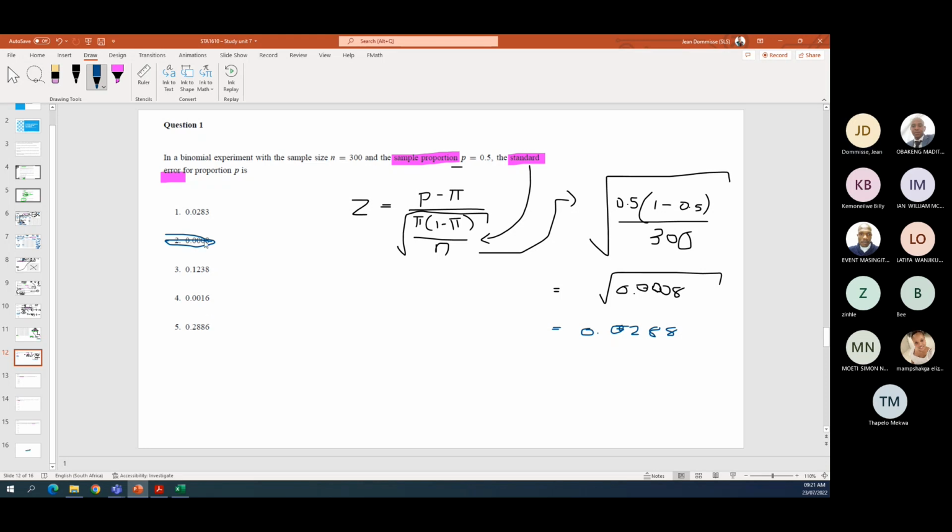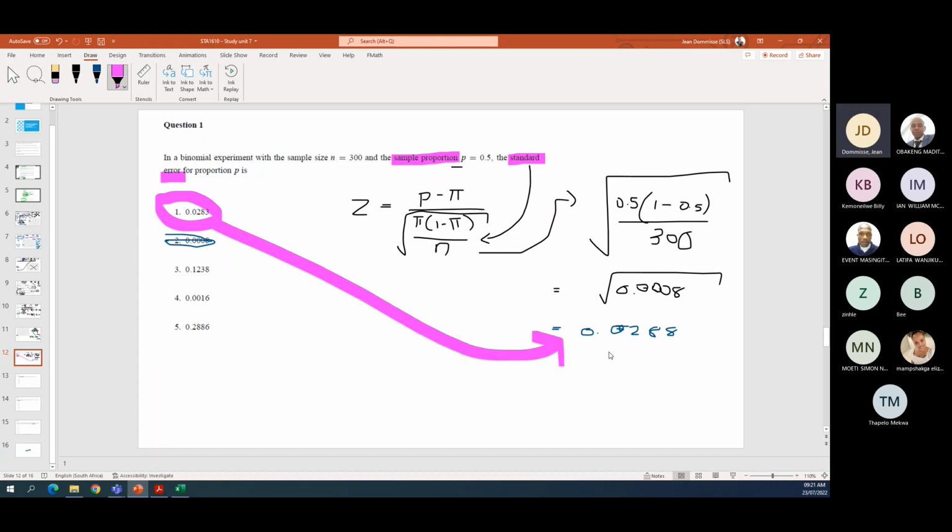Sure. Here is somewhere a mistake. Oh no, wait. Okay, so that must be... why is that not similar?